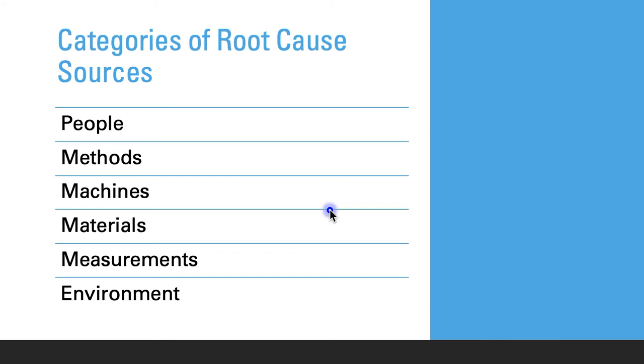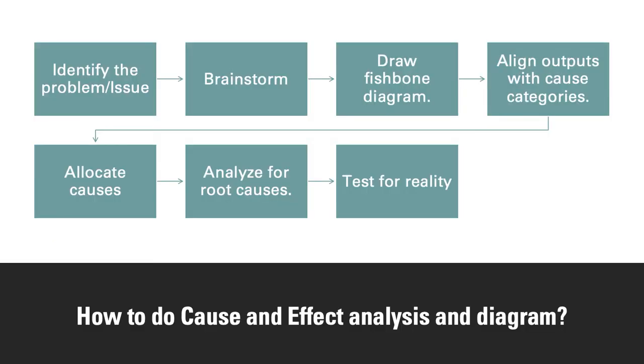Okay, so now we've discussed the different categories of root cause sources. So paano natin ngayon gagawin yung cause and effect analysis and diagram? So we have here identified 7 steps. So first is to definitely, before you perform your cause and effect, identify natin yung problem or yung issue natin.